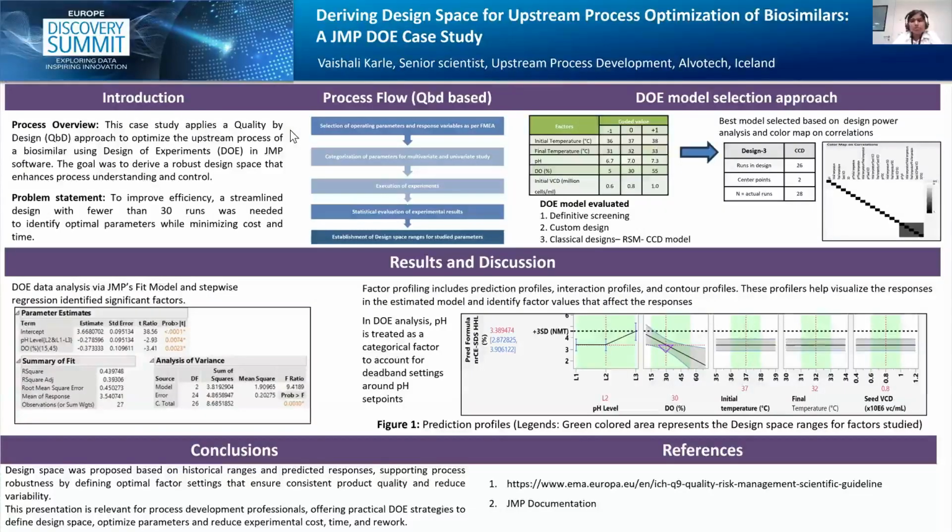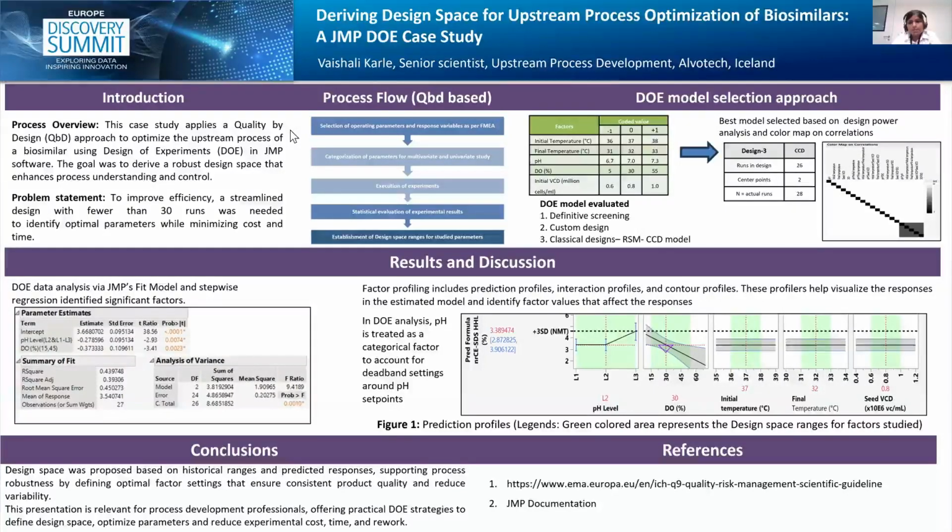So to derive the design space, we used the historical ranges and the predicted values, and the design space was derived as shown in the figure, that is the green colored area, which is said to be the predicted design space area, or more precisely, the acceptable ranges area in the process.